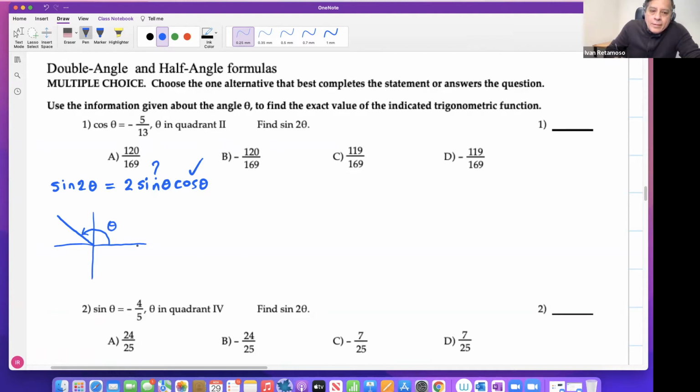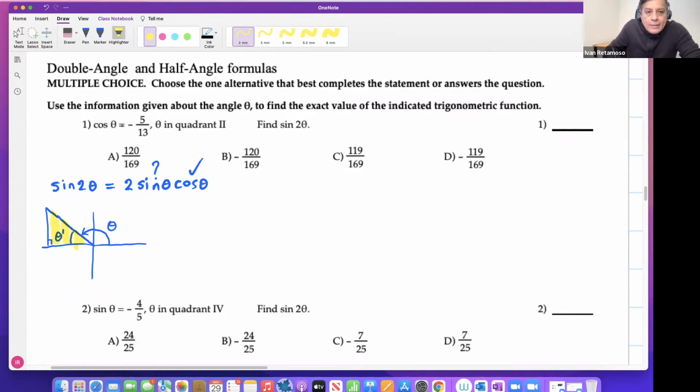The reference angle is the acute angle formed by the terminal side and the x-axis. It's this small angle. We call it theta prime. We work with that angle, form a triangle, and focus on this triangle.